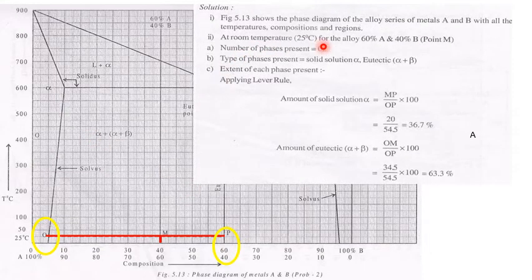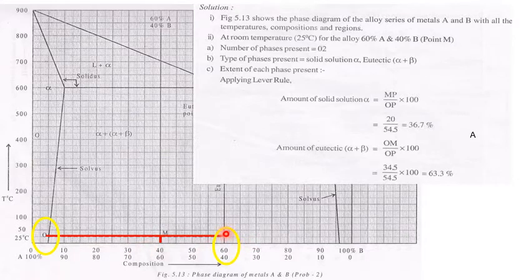Second condition: at room temperature, we have assumed room temperature as 25 degrees Celsius. So draw one horizontal line at 25 degrees Celsius, and we already know the alloy composition, 60% A and 40% B. They have mentioned that. So draw one vertical line here, and this is now a tie line OMP with the vertical line.